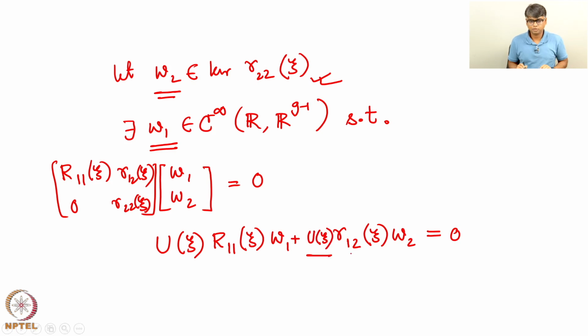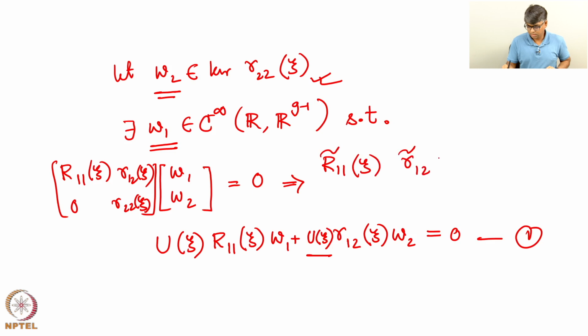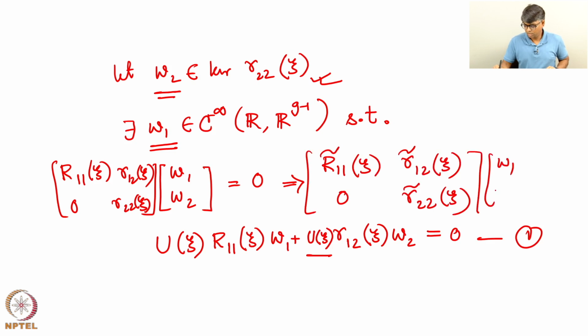So the matrix vector multiplication makes sense. This is my equation number 1. But you see, this also implies, because B and B tilde are equal, that R11 tilde xi, R12 tilde xi, 0, R22 tilde xi acting on W1 W2 must be equal to 0.